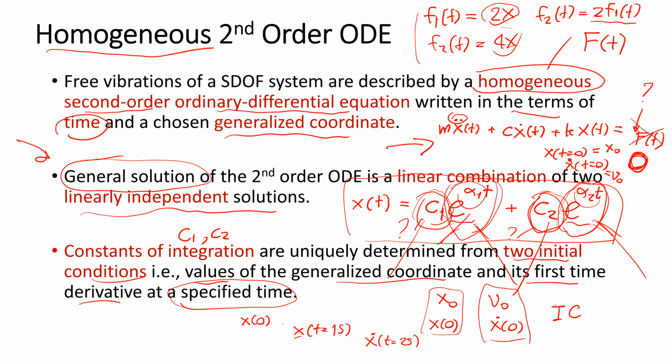If you can measure this, you can also solve for C1 and C2. That still makes this condition true. But in our class, most of the time I see the initial condition considered when time equals 0.